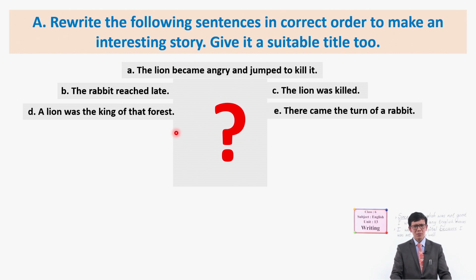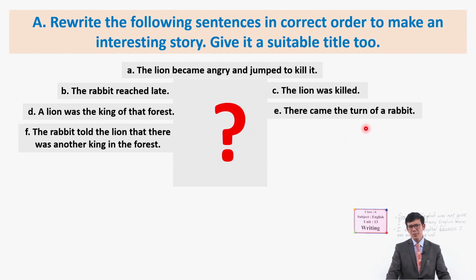What about the next? There came the turn of a rabbit. What about the next sentence? The rabbit told the lion that there was another king in the forest. You can see the trick, right? The rabbit was really clever.